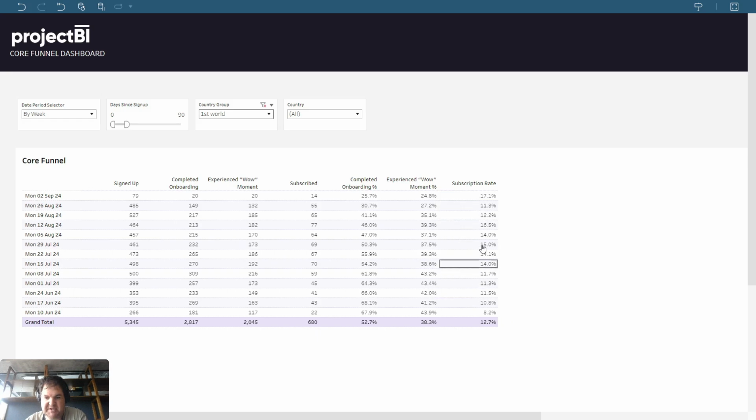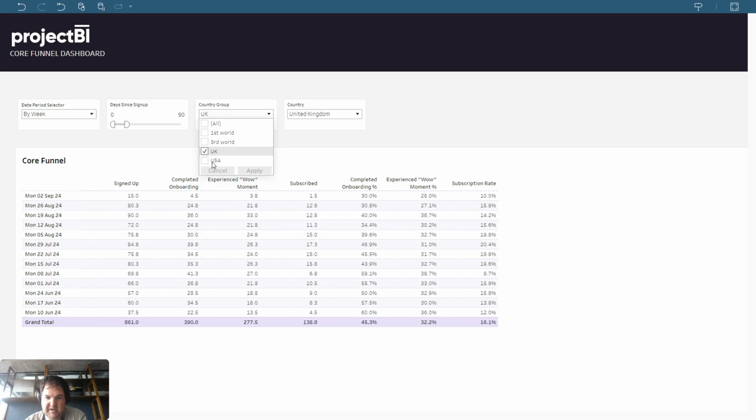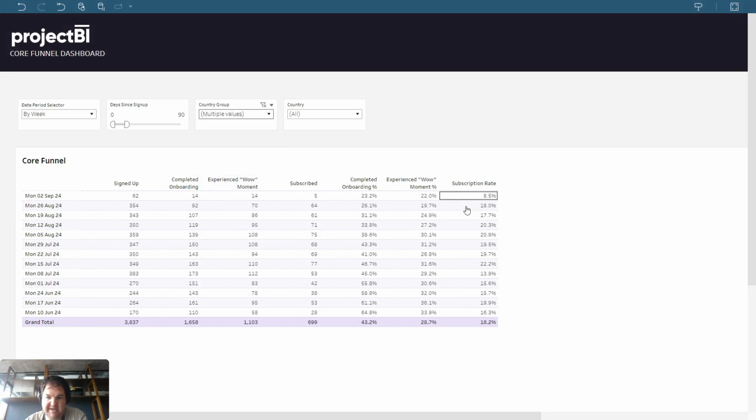So here we had 12%, it's now 17%. This cohort is up as well. Some variance. Let's look at UK, or rather UK and US only. And now numbers are up. So these filters allow us to really start painting a better picture of our users, of our cohorts.